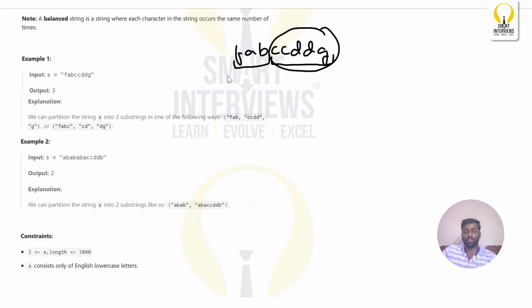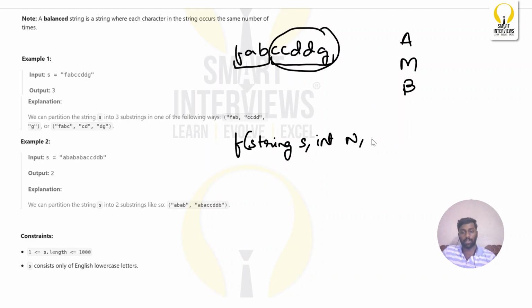Now, to write a recursive code, there are 3 steps that we follow: assumption, main logic, base condition. So if you start with the steps, let's take function f as our recursive function. It takes in the parameter string, and apart from the string I need to know the size of the string, and I need to know from where I am going to partition the string.